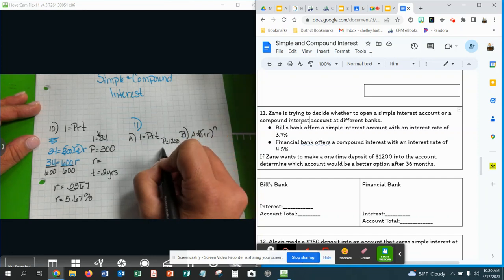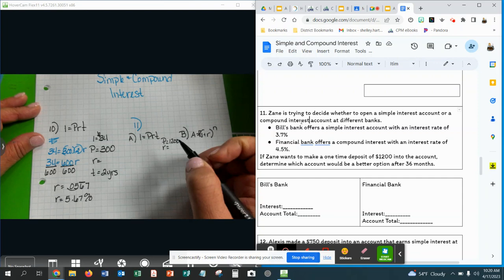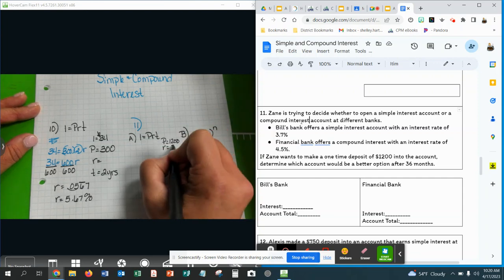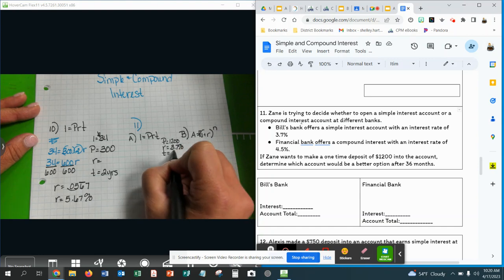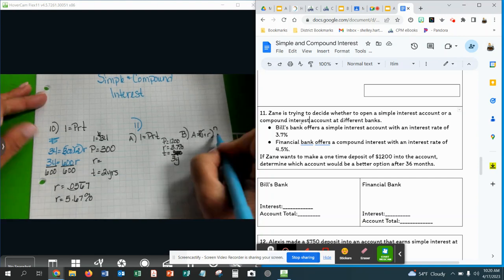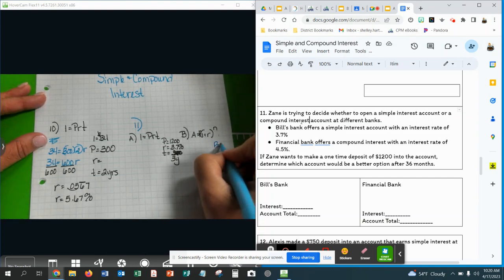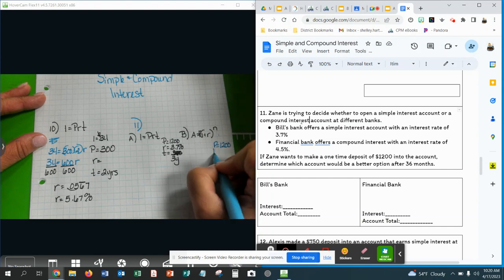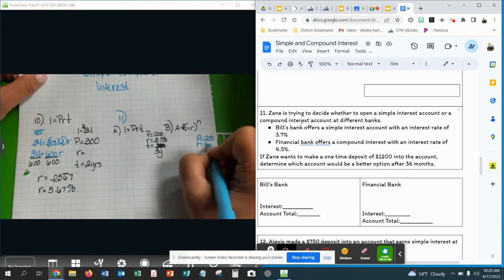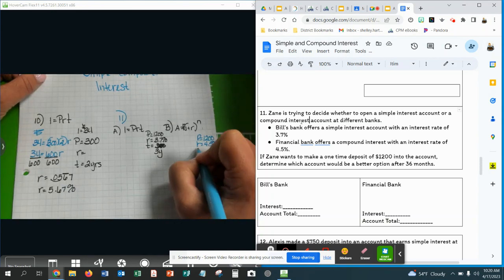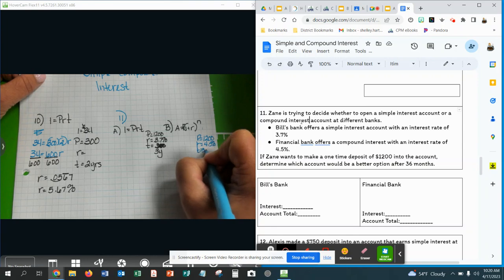Our rate is 3.7%, and our time is 36 months or 3 years. Same thing over here. Principal is 1200. Our rate is the difference, it is 4.5%. And also the time is 3 years.